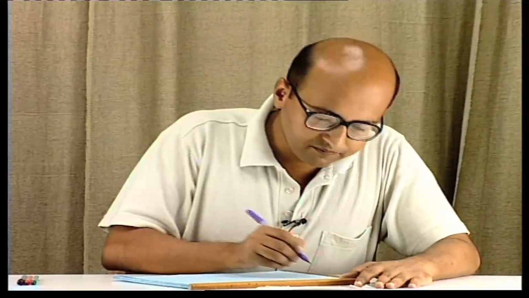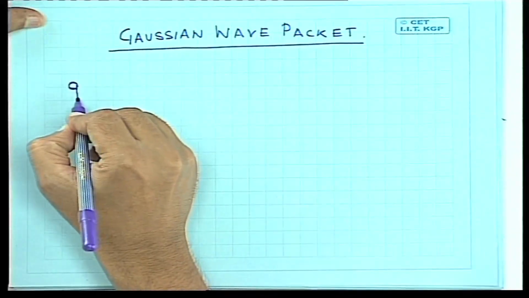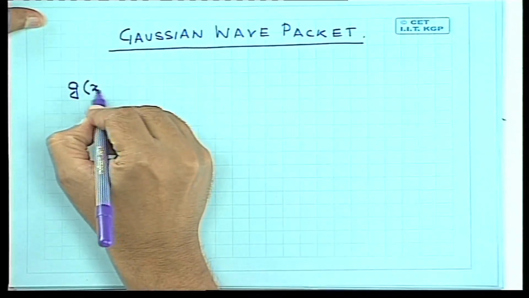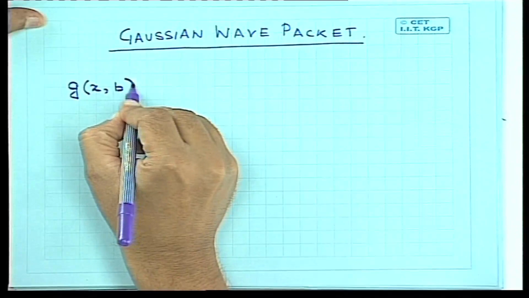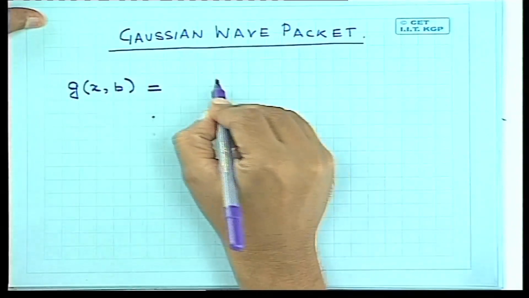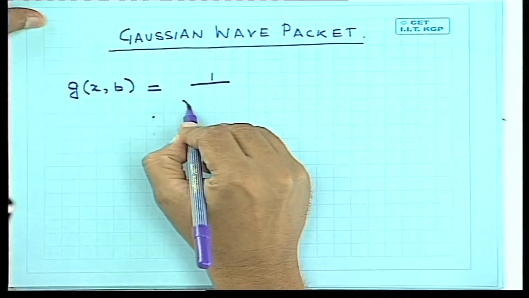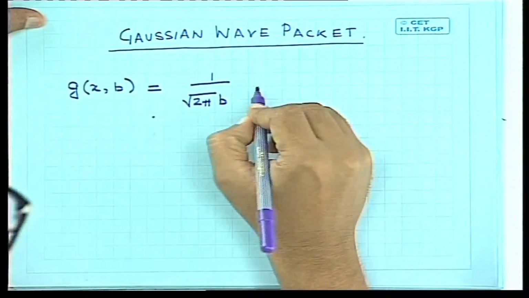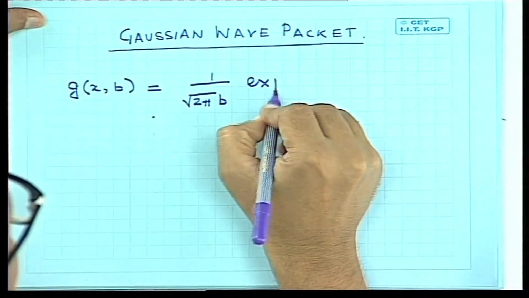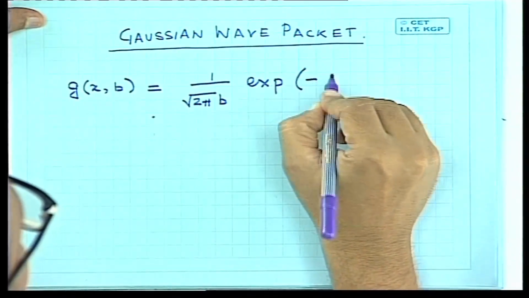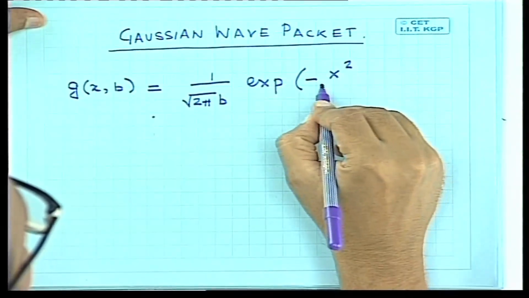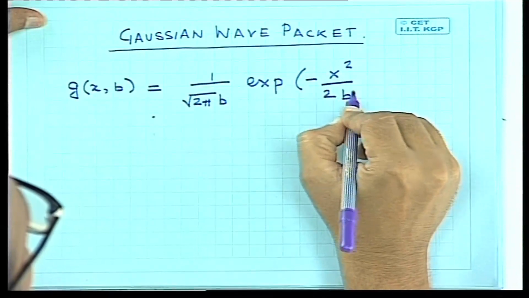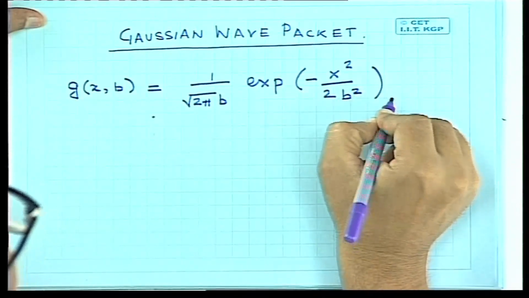So a Gaussian, let us write it like this: G(x,b) is defined to be 1 by ... like this.